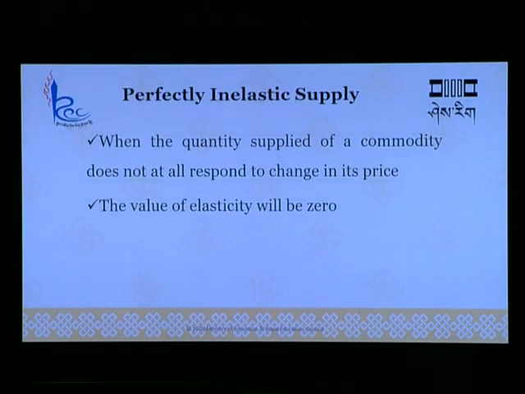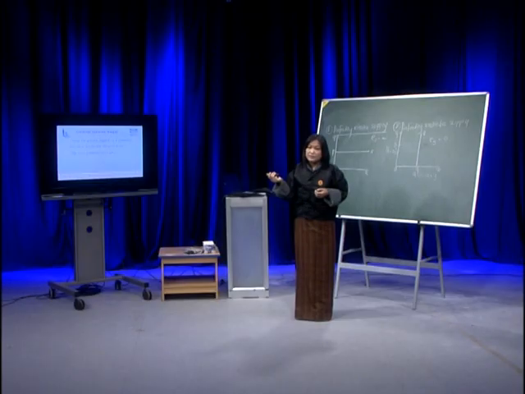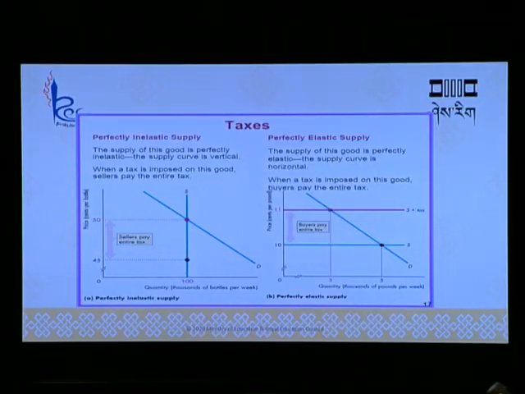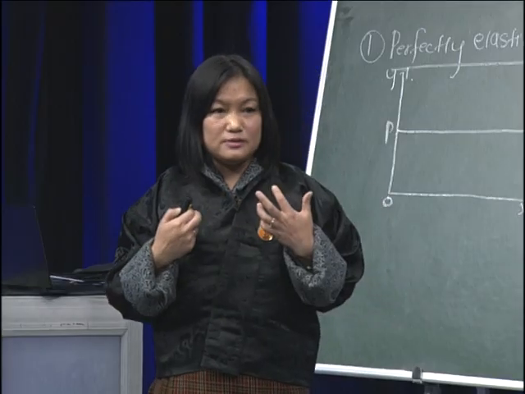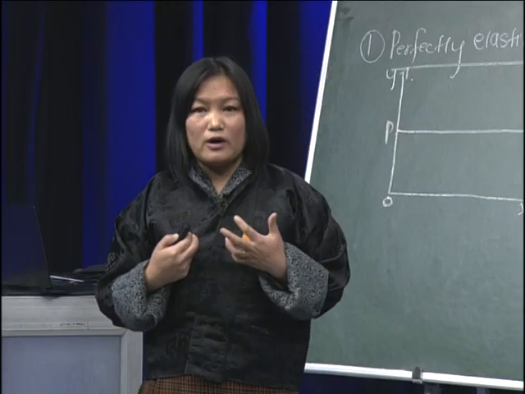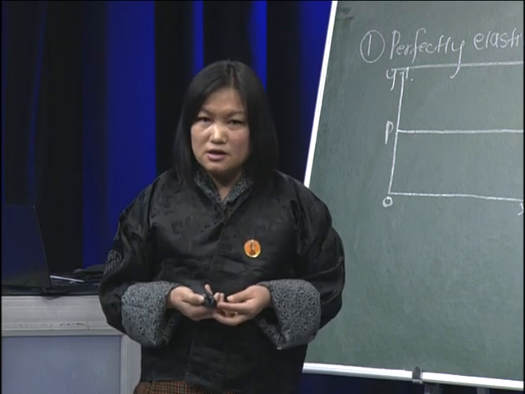Let's look at an example of a situation where we will have perfectly elastic and perfectly inelastic. So in the real market situation, you'll see that this kind of categories or this kind of elasticity is very rare. That's a supply where it is perfectly elastic and a supply where it is perfectly inelastic.